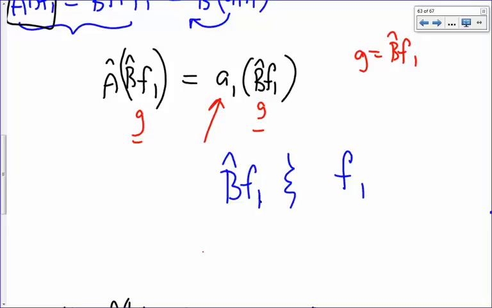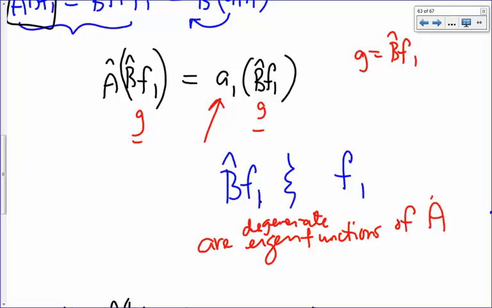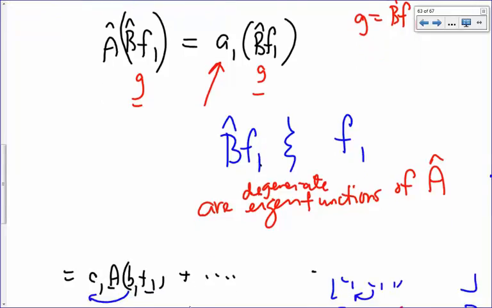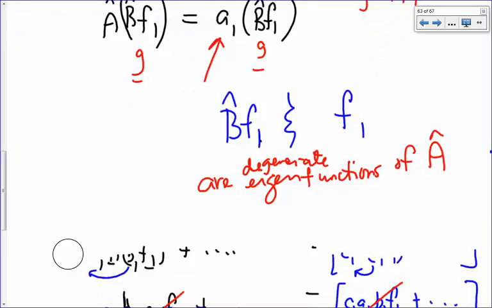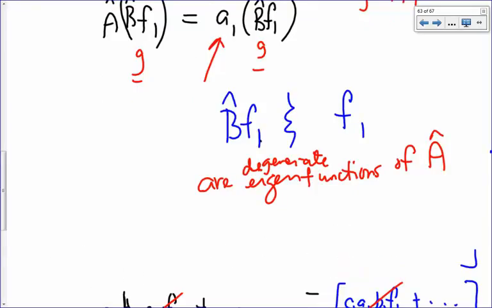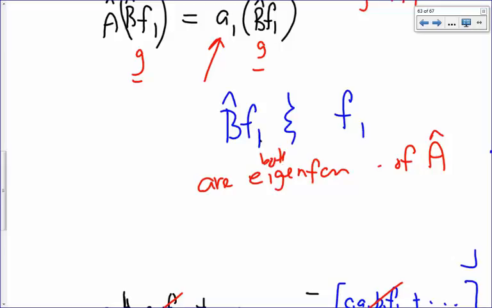B hat F1 and F1 are eigenfunctions of operator A. In fact, degenerate eigenfunctions of A, right? Actually, or they could be the same eigenfunction, right? So they're eigenfunctions. Let's just say they're both eigenfunctions of A with the same eigenvalue.